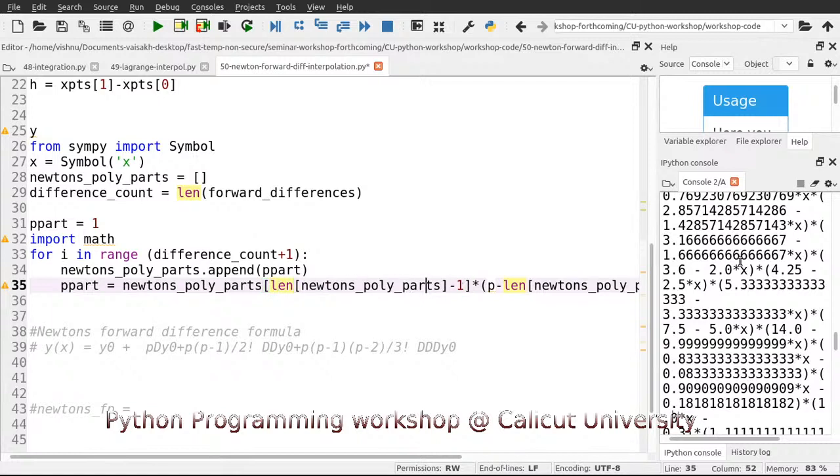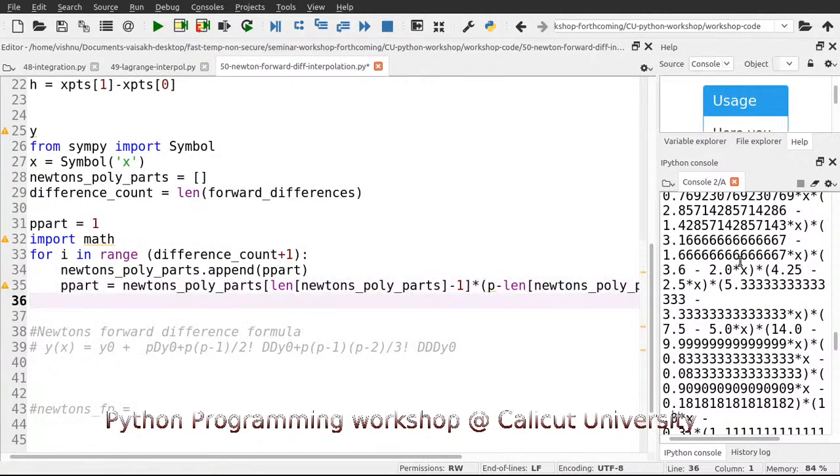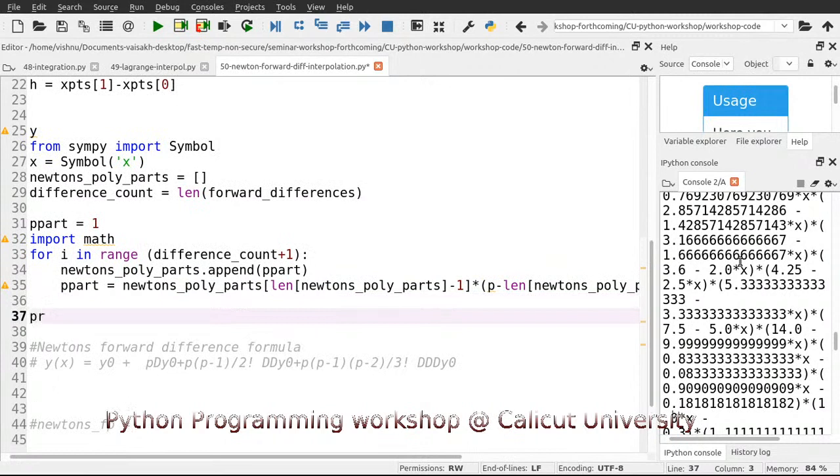The previous part with which I am multiplying, the length is taken. Yeah, I think that's correct. Now, trying to print this thing to see if I have done it correctly or not.